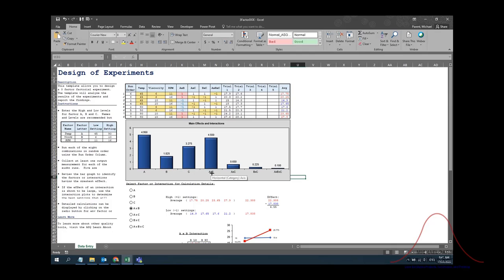When A interacts with B, we're also getting a very large impact, which is alerting us that there is actually something called an interaction effect going on here, which is saying, yeah, it's actually way more optimal to have A and B on here. So it's not always additive.